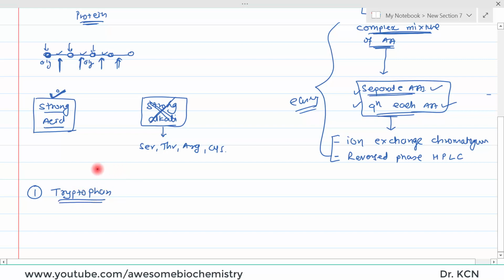Tryptophan is an amino acid which gets rapidly destroyed by strong acid. So how do we estimate tryptophan qualitatively and quantitatively? For that we have a very easy technique available, and that is UV, ultraviolet, spectrophotometry.